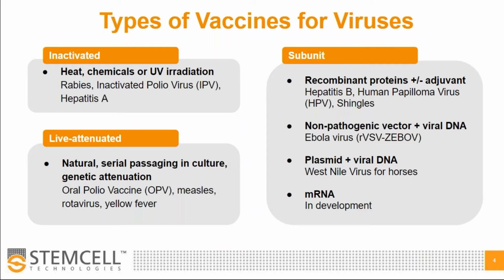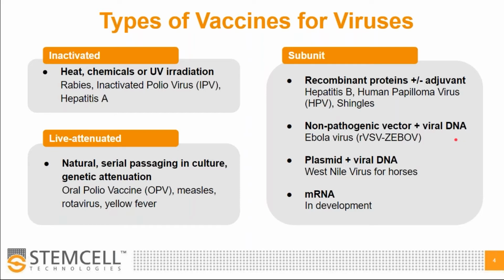There are three main types of vaccines for viruses. The inactivated vaccines are based on viruses that have been killed either by heat, chemicals, or UV irradiation. This renders the viruses, of course, non-pathogenic and also replication incompetent, but they can still induce an immune response that protects from future infection with live virus.